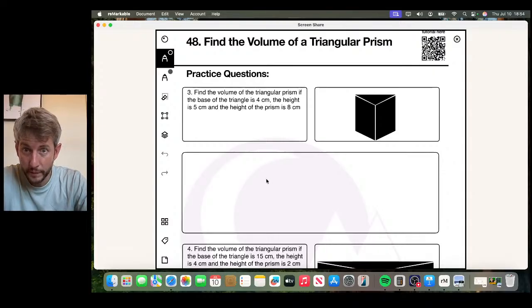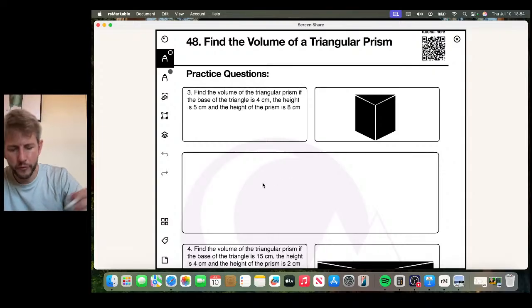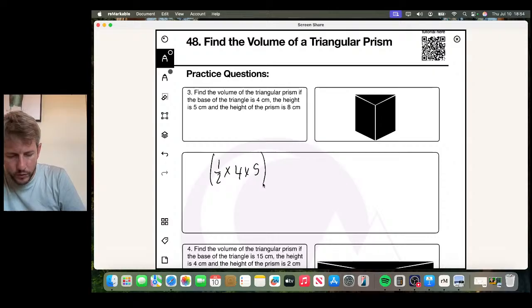It's clear what that's talking about. So that's going to be half times 4 times 5 for the triangle, and then times the 8 for that. So half of 4 is 2, 2 times 5 is 10, 10 times 8 is 80. So that would be 80 centimeters cubed.